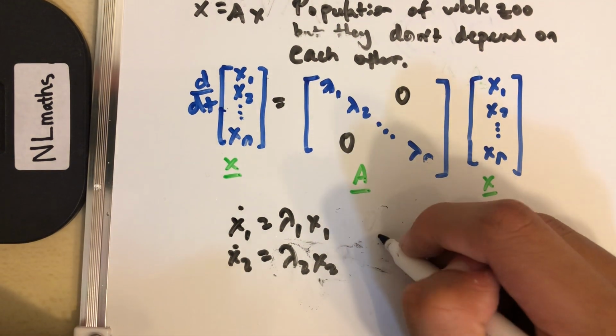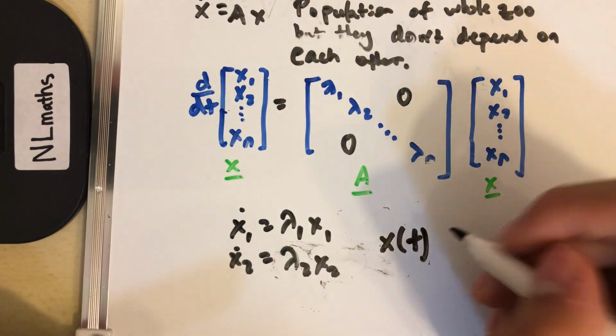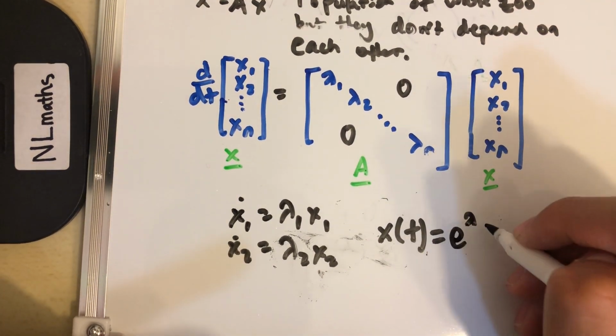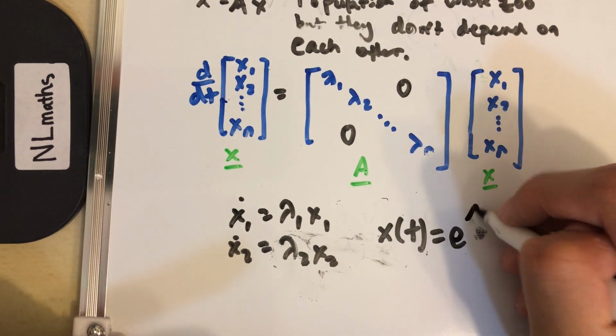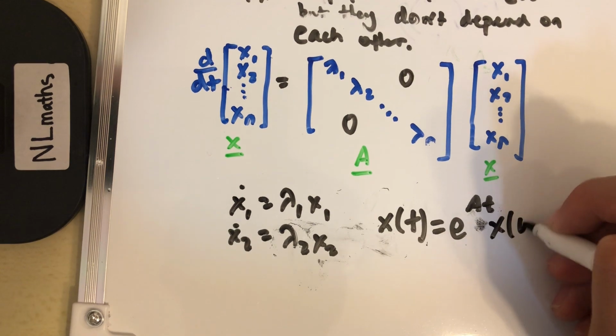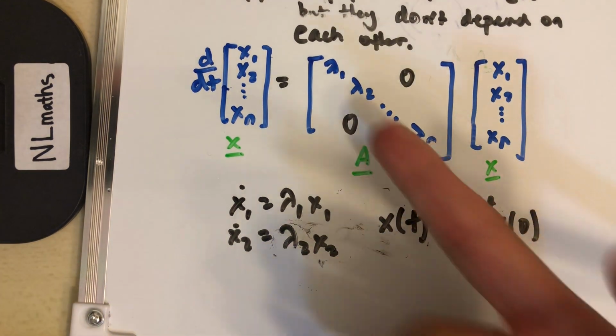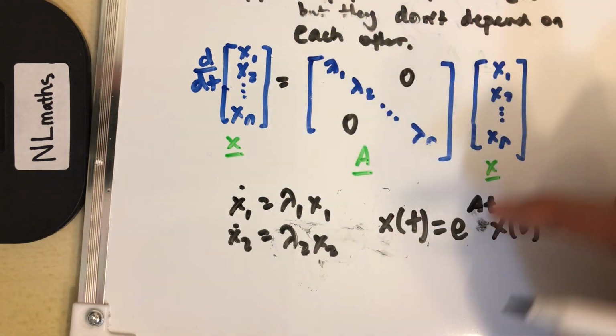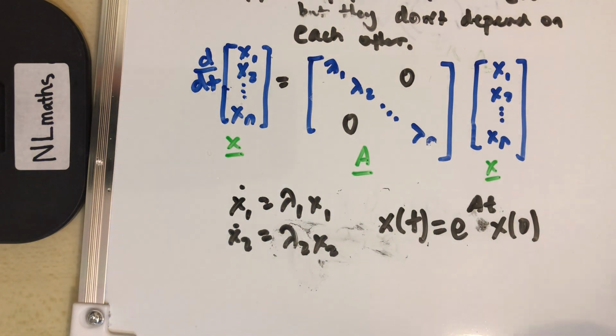So then we can say that the answer to this whole system of equations is x of t equals e to the At times x0, because we're just doing the whole matrix instead. And when you do this, it's just e to the lambda 1 t, e to the lambda 2 t.